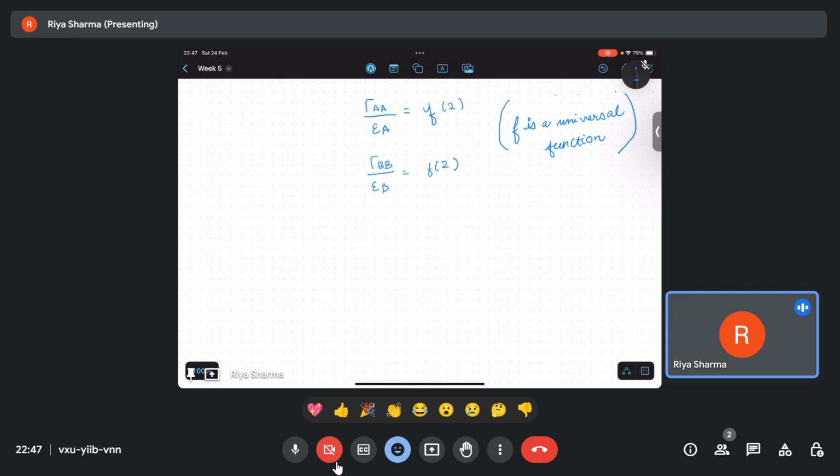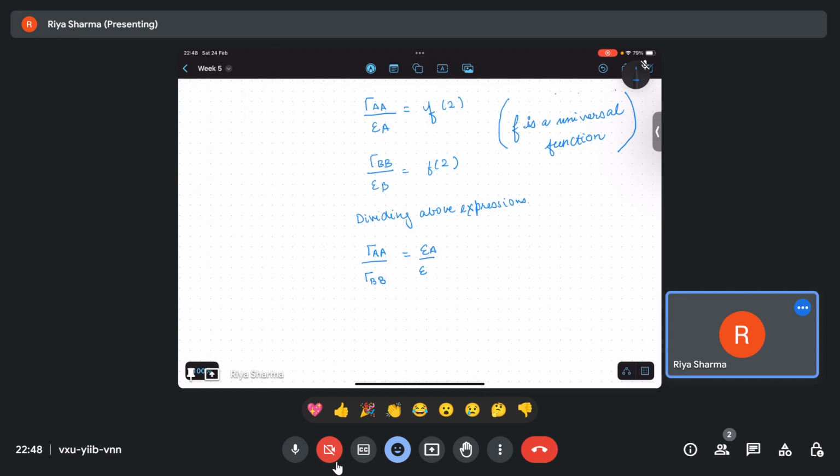So dividing the above expressions, phi AA by phi BB is equal to epsilon A by epsilon B, F of 2 by F of 2.